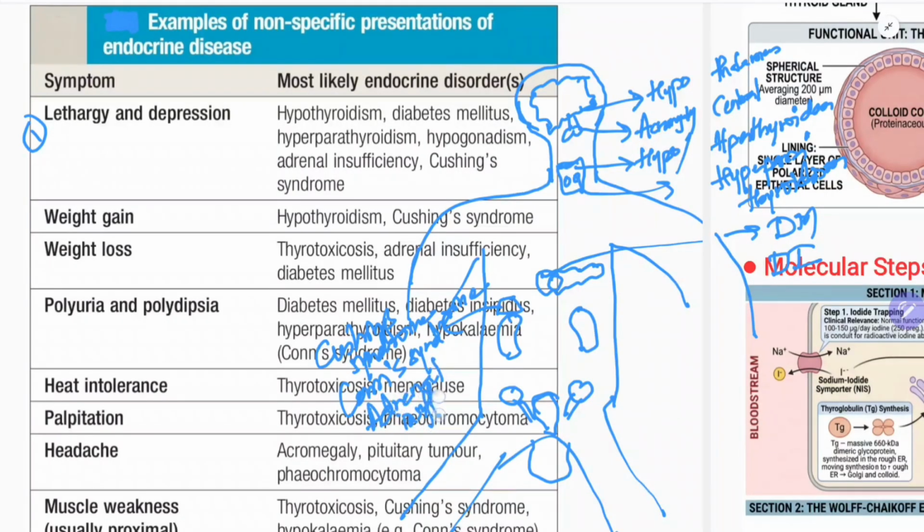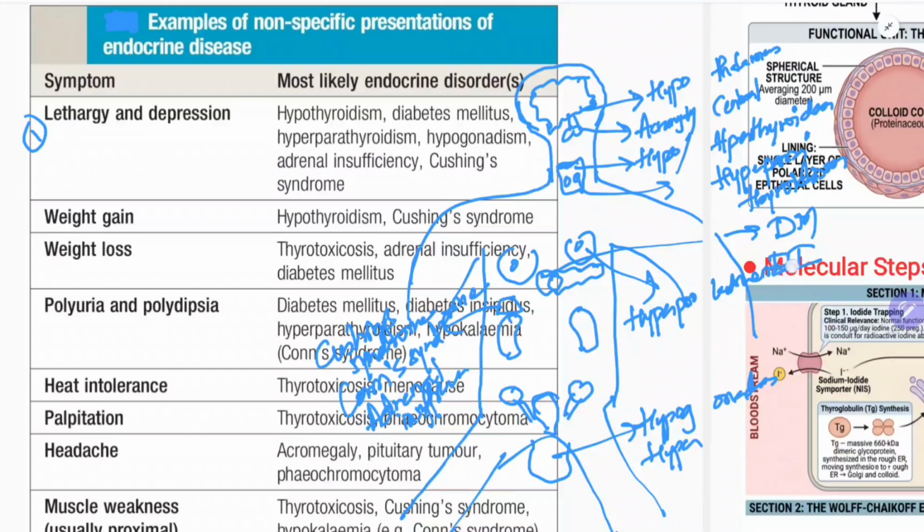Okay. Now these are gonads. So it can be hypogonadism or hypergonadism. Okay. Then one more thing is you will have the breast in females. So here you can have hyperprolactinemia.